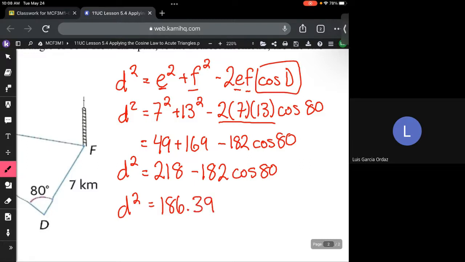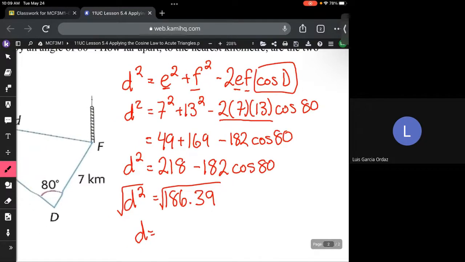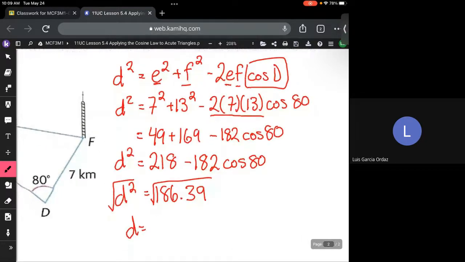And in order to isolate for D squared, yes, Jade? Square root it. So if I square root 186.39, what do I get? Elisa, what did you get? 14. Yeah. So we get 13.65.